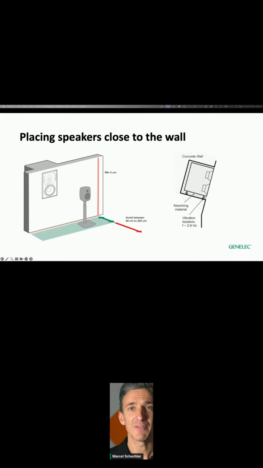You will of course have to compensate the bass boost, because as said, the same thing is happening there, but otherwise this is a perfect option. Especially if the wall is then angled, like you can see on the right side. This usually makes sure, for example, that the speaker is a little higher, so you get away from desks and you get away from consoles. And yeah, this can give you really, really good results.